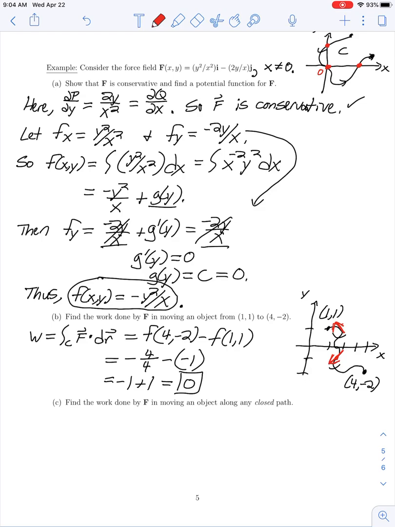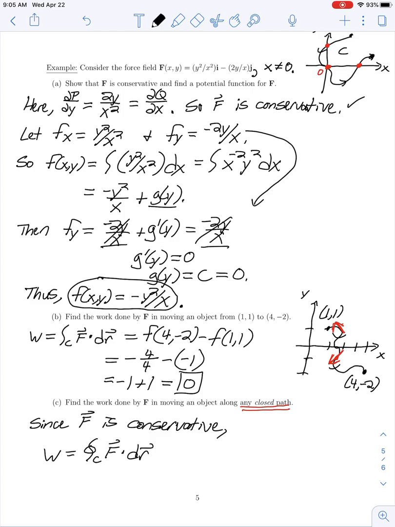So lastly, the last part of this problem says find the work done by this force field in moving an object along any closed path. So we know, since F is conservative, which we showed in part A, the work done, which would be the line integral of our force field, F, along some curve C, where C is any closed path.